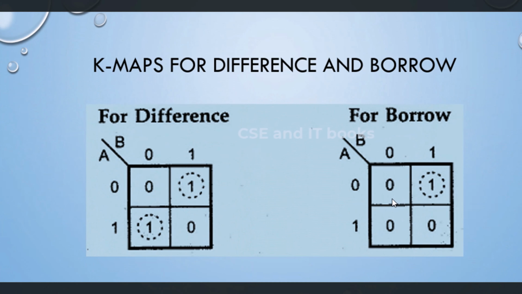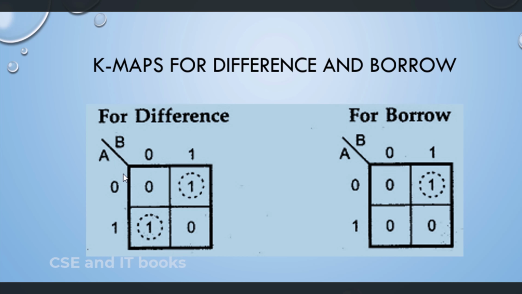Now, let's understand the K maps for difference and borrow. As there are only two single bit inputs for the half subtractor, we need to make a two variable K map for both the difference and the borrow.